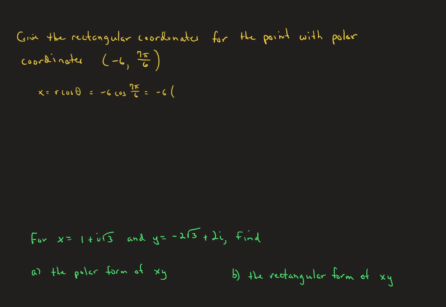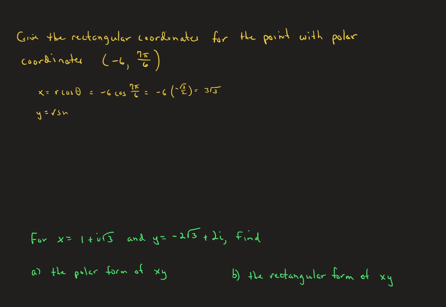And cosine of 7 pi over 6, the reference angle is pi over 6. The cosine of pi over 6 is square root of 3 over 2. And because we're in quadrant 3, that's going to be a negative square root of 3 over 2. So that's going to make the x-coordinate be a positive 3 square root of 3.